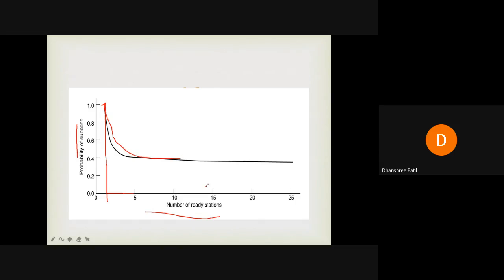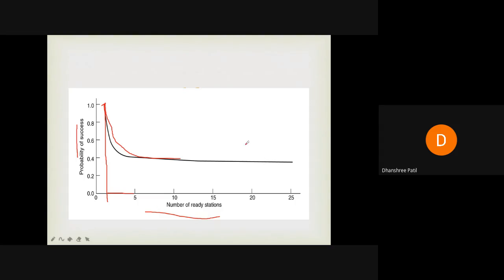So it is clear that if we want to increase the probability of success, then the number of stations should be minimum, right? That is shown over here. But how should the stations get minimized?